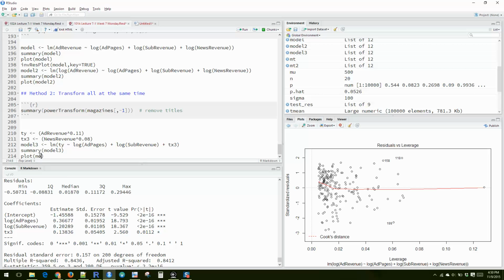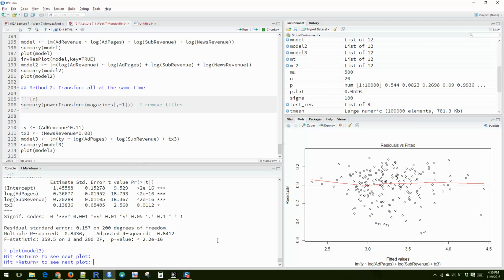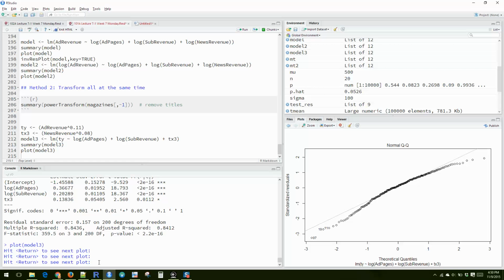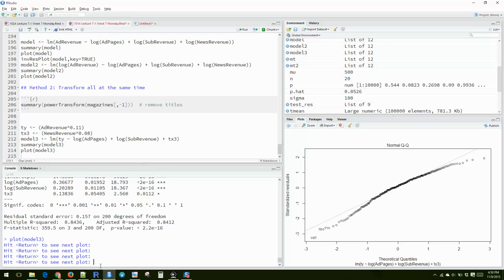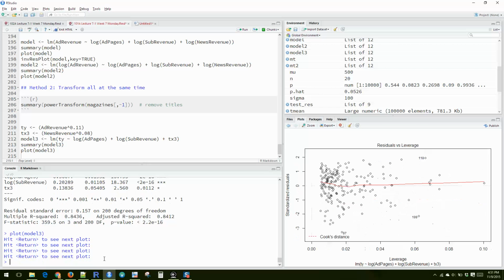And then we can do plot model 3 and just take a look at the residuals versus fitted. So this looks nice. You know, a little bit of stuff going on down here and here, but that happens. This looks fairly good. Tiny bit of curvature, but overall pretty nice and flat. And that looks good too.